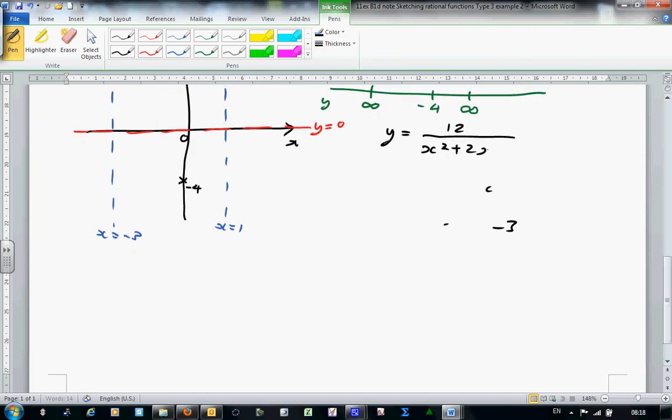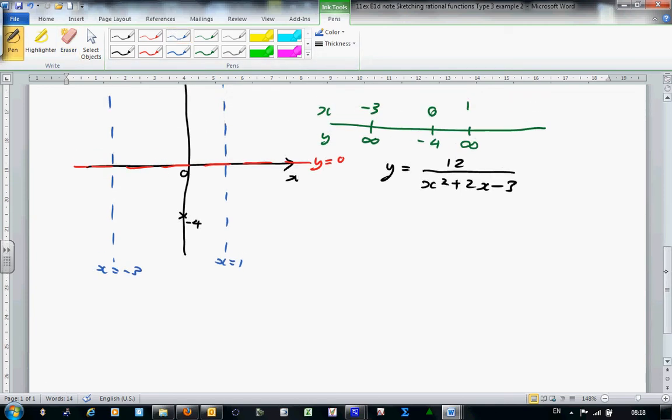So when x is bigger than 1, which is the section to the right, we're going to look at every number bigger than 1 going to the right. We have on the top, it's positive again because it's a number, 12. On the bottom we've got positive squared plus a positive minus 3.